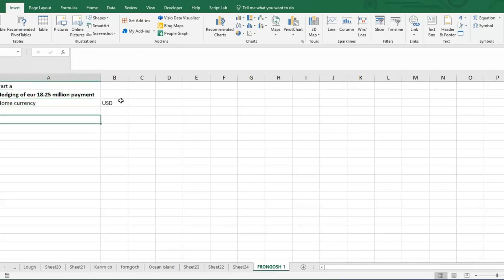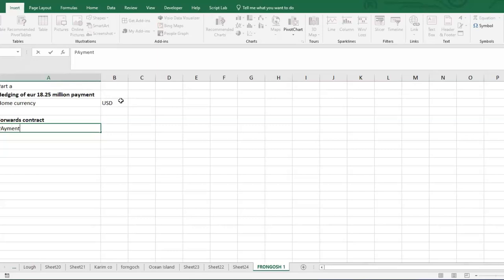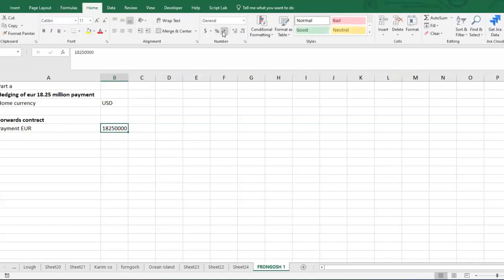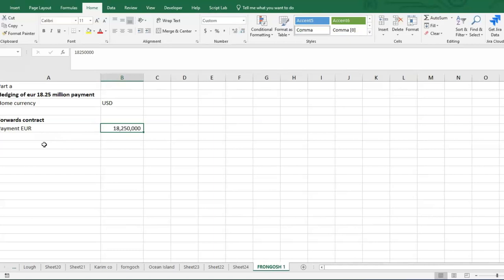So there are different ways. Number one way is forward contract. So payment in euros, 18.25 million. We will put the commas later on. Let me put it here. Okay.